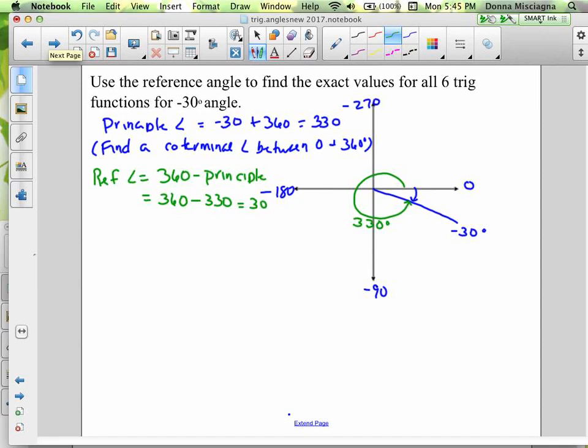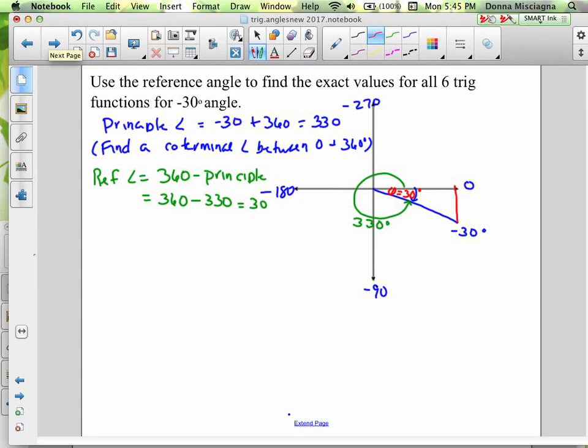It just happens to work out okay this time because our angle was between 0 and 90 degrees. It was just negative. So here is what our reference angle is going to be right here. So theta here is 30 degrees.